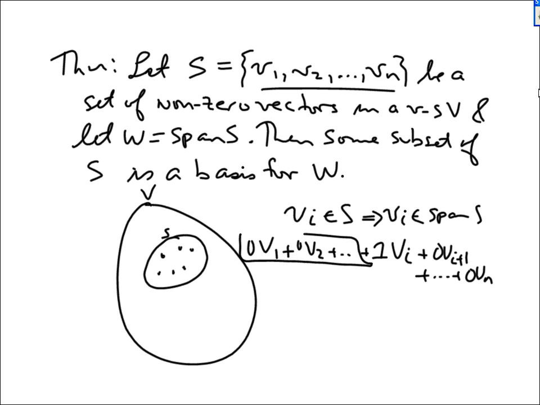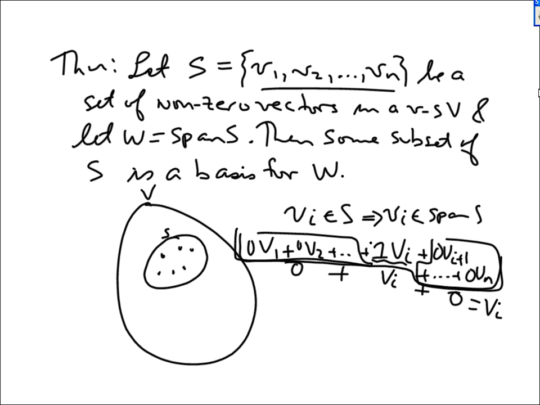All of these other terms are the 0 vector, and when you add the 0 vector to the 0 vector, you get the 0 vector. The 0 vector plus Vi plus the 0 vector is Vi. So this vector, which is Vi, is in the span of S.